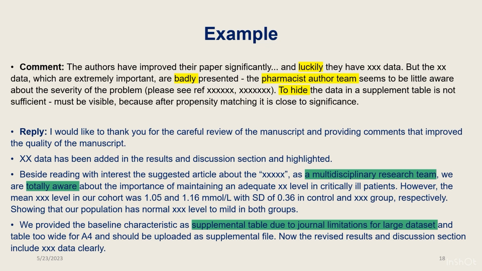And they showed the reviewer that the revised result and discussion section included X data clearly. A bad reply would say, we didn't hide the data, the data is available. And this shows you how important it is to reply politely and calmly and avoid replying while you are angry.